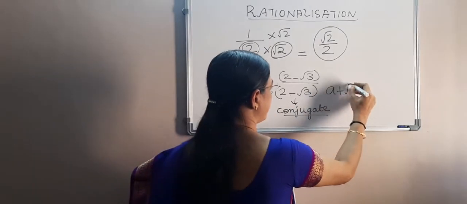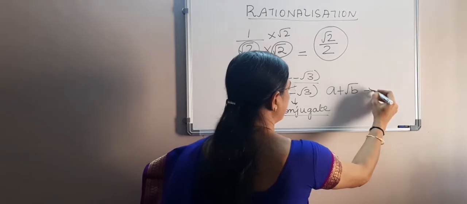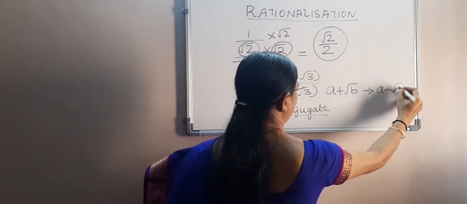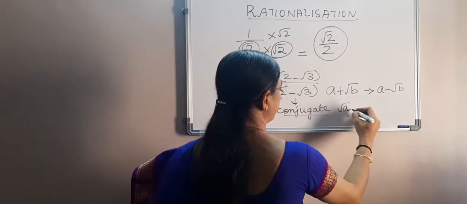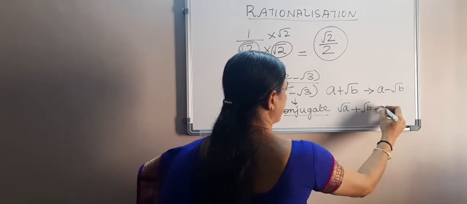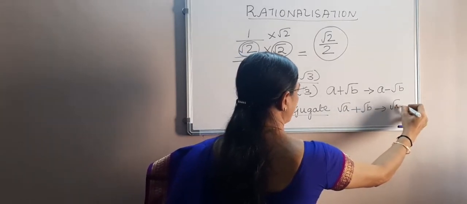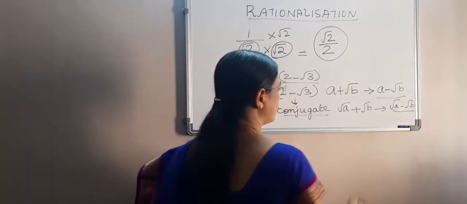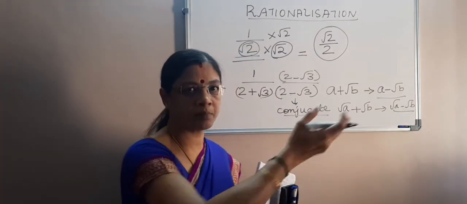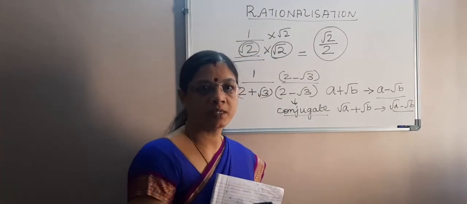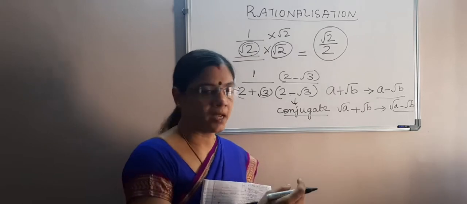If there is a plus root b, then the rationalizing factor becomes a minus root b. If there is root a plus root b, then the rationalizing factor will be root a minus root b. So this is the conjugate. If minus, then it becomes plus. The conjugate always takes the opposite sign in between.